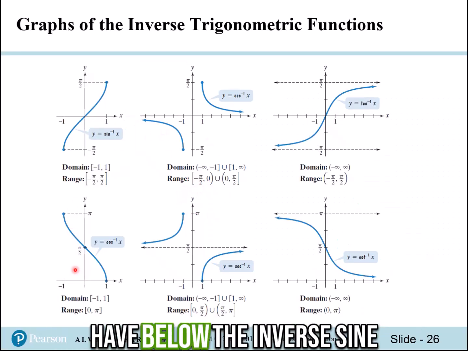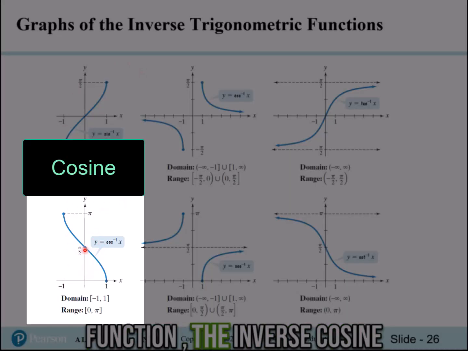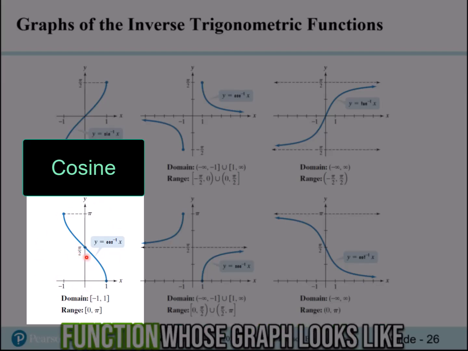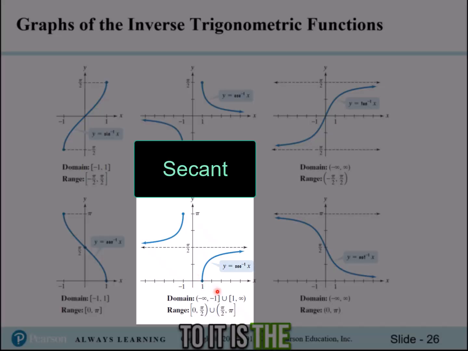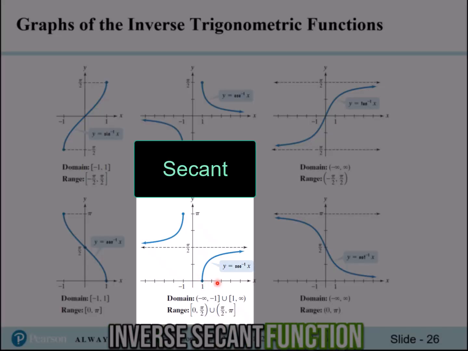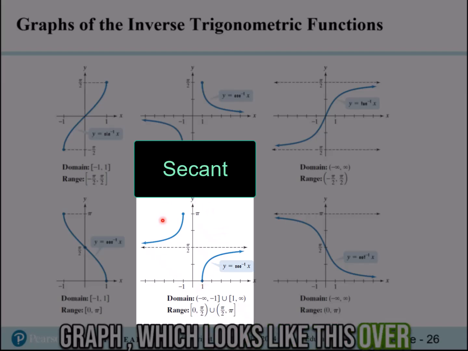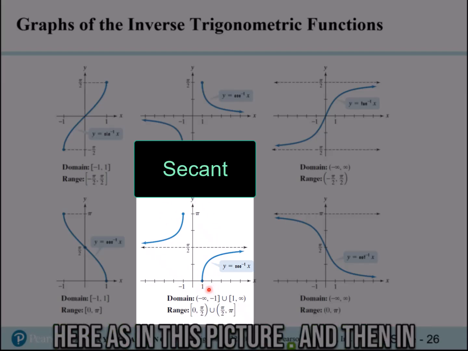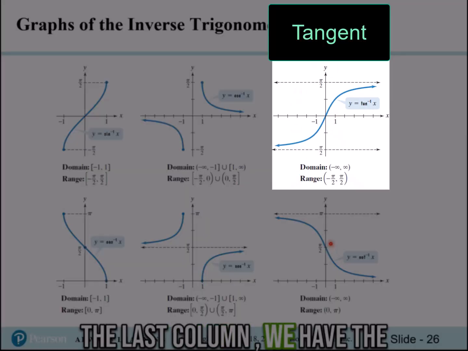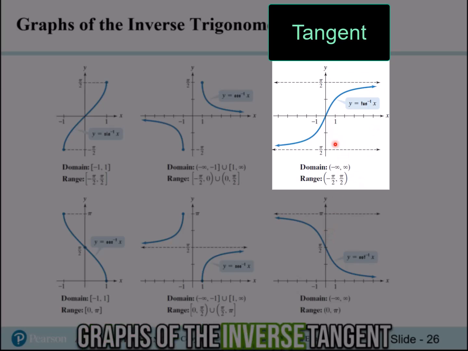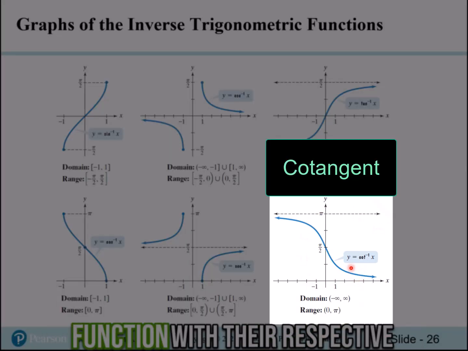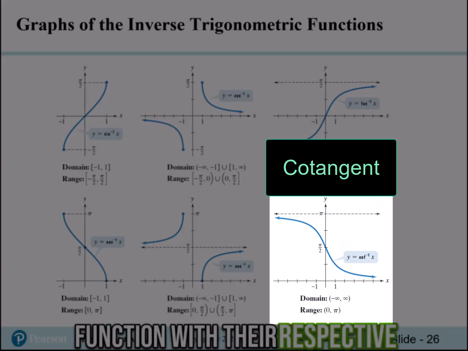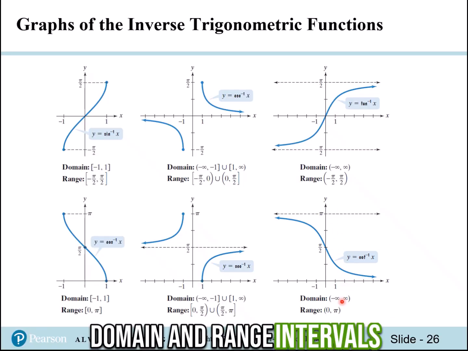Then we have below the inverse sine function, the inverse cosine function, whose graph looks like this, its domain and range. And next to it is the inverse secant function graph, which looks like this over here, as in this picture. And then in the last column, we have the graphs of the inverse tangent function and the inverse cotangent function with their respective domain and range intervals.